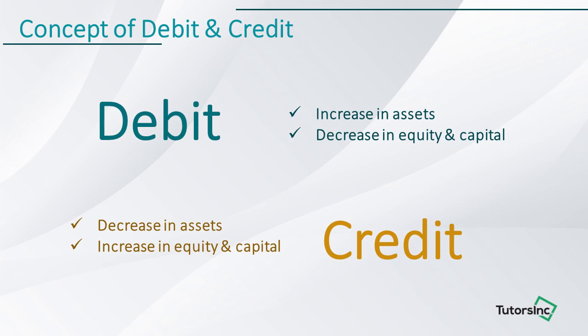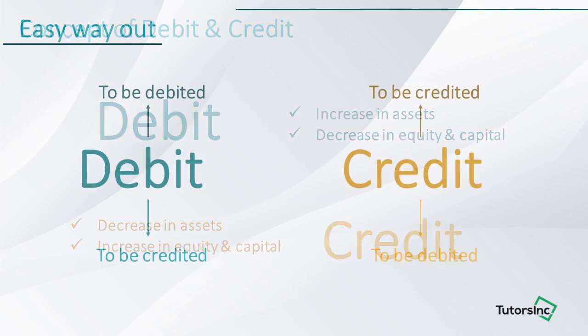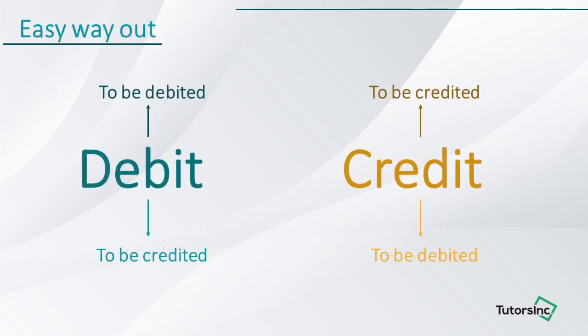At the same time, credit entries are associated with decrease in assets and increase in equity and liability. For example, if the machinery is purchased on credit from RedTech Limited, then along with debiting machinery account, the business will also have to credit RedTech Limited account since purchasing on credit will eventually lead to increase in liabilities.